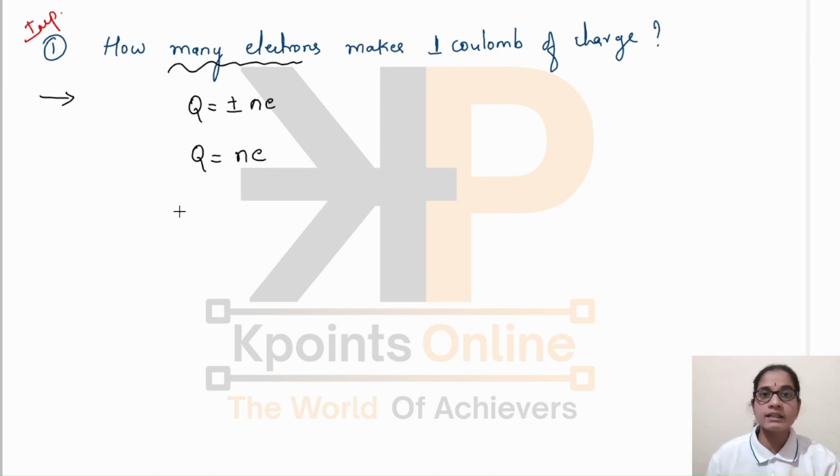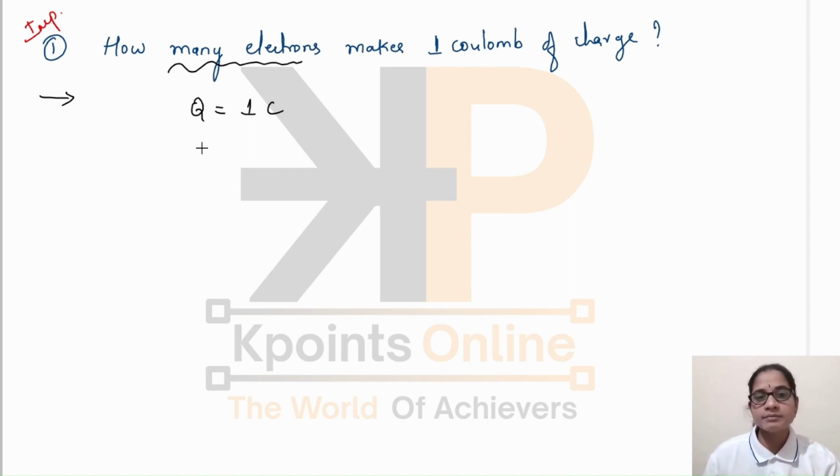So first, let us write the given quantities here. What is given here? Charge Q is equal to 1 coulomb. Sometimes charge is denoted by capital Q, sometimes it is also denoted by small q.